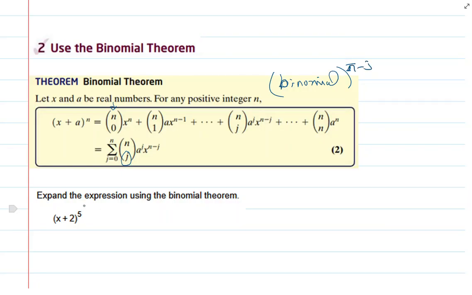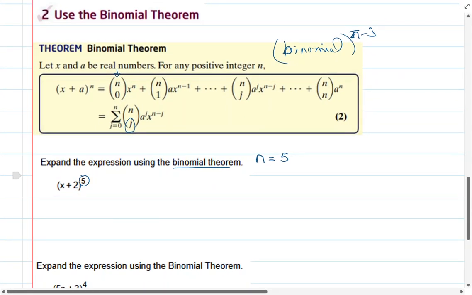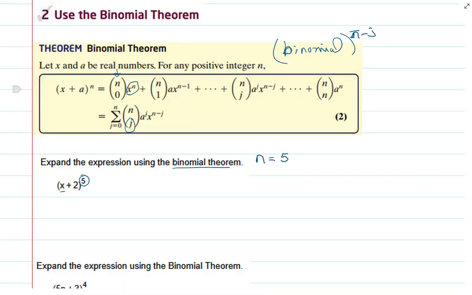This is 5. So my n is 5. And they expand the expression using the binomial theorem. So we're going to do it by hand because it's only 5, well, actually 6 terms. Now remember, this is my x to the n, and this is my a. All right, that's my a.